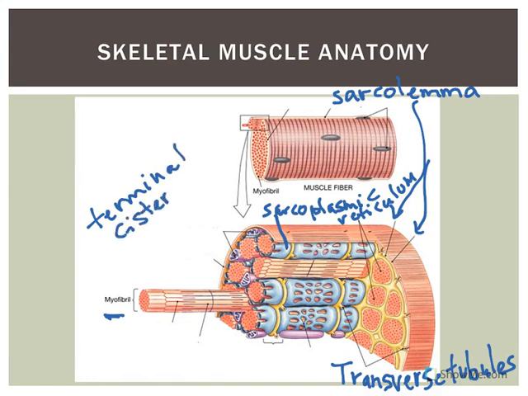This is singular with an A, plural with an E. The terminal cisterna are like the endings. Some people refer to them as lateral sacs of the sarcoplasmic reticulum. The sarcoplasmic reticulum sounds like endoplasmic reticulum because it is. But in skeletal muscle, you notice there's sarco as part of this term again.